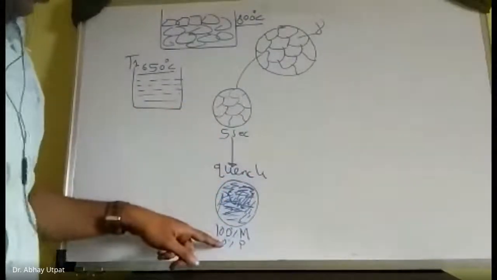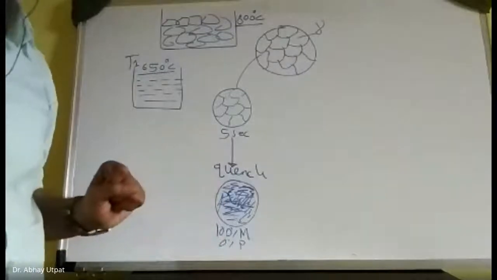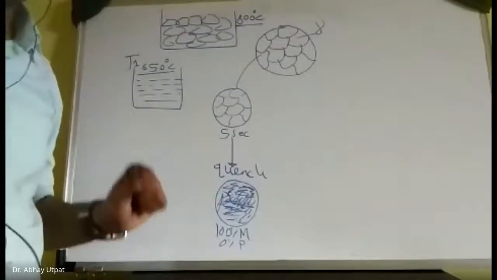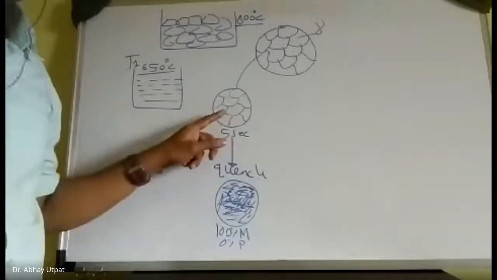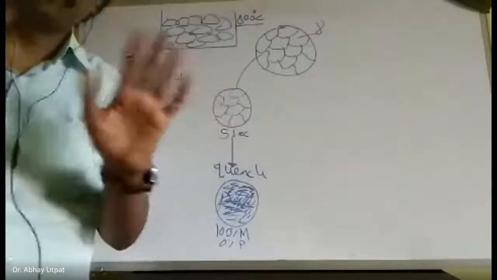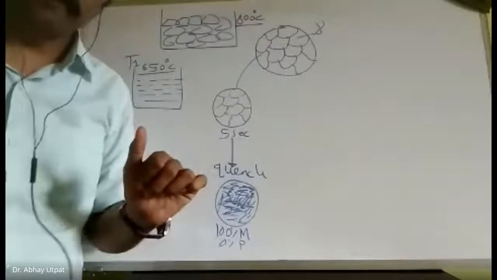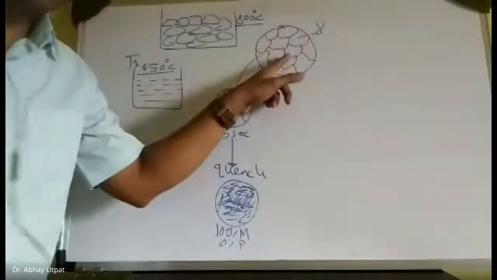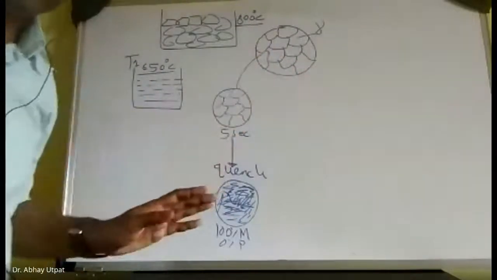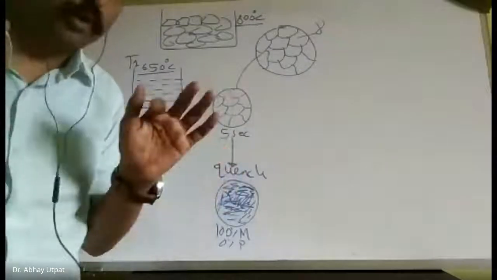I got 100% martensite. The meaning is that in these 5 seconds, pearlite has not yet started to form. When pearlite forms, this is an FCC structure, and pearlite is a mixture of BCC plus orthorhombic.